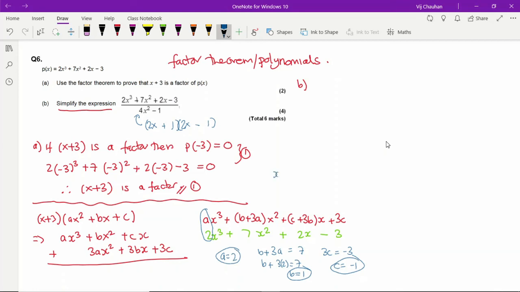So I've got x plus 3, and then I'm going to end up with 2x squared plus x minus 1, and if I factorise that I get 2x minus 1 and x plus 1.